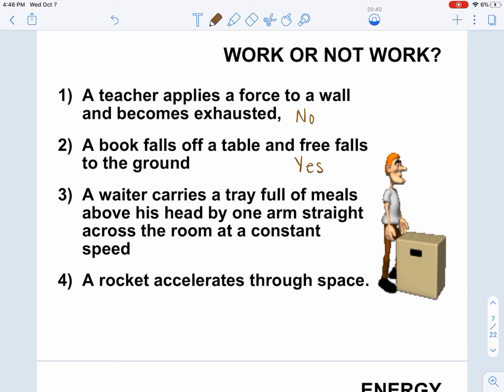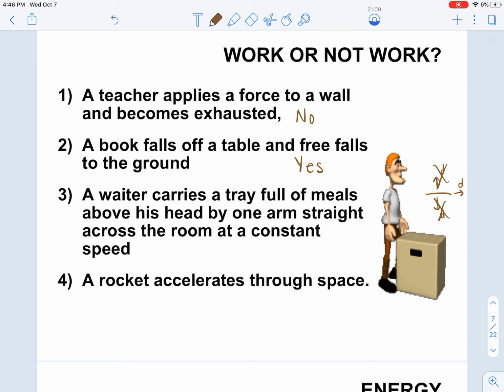A waiter carries a tray full of meals above his head by one arm straight across the room at a constant speed. So in this case, the vertical position of my tray does not change. So my tray is not experiencing a displacement up or down. The tray is only experiencing a displacement in the forward direction.